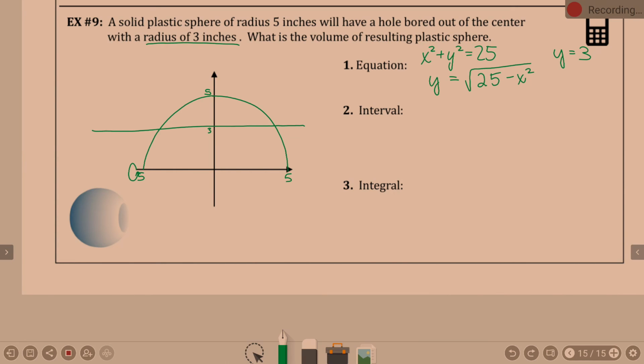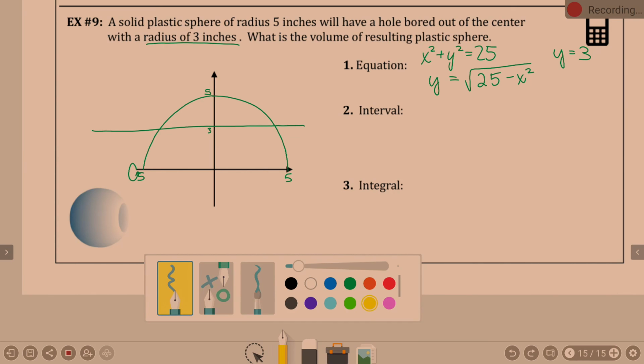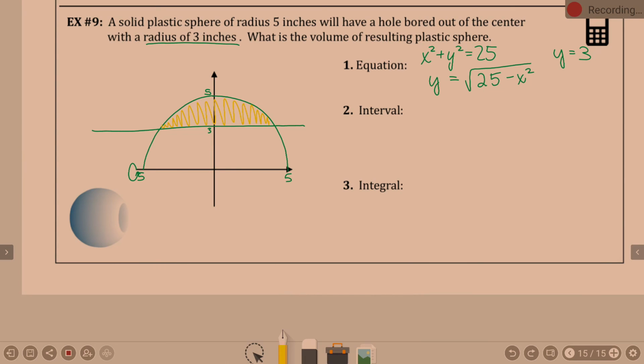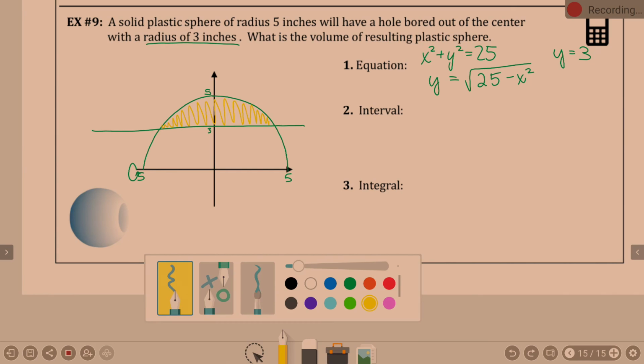Interval. What is the piece that we are revolving? It's that piece there, yes? So thoughts on the interval?